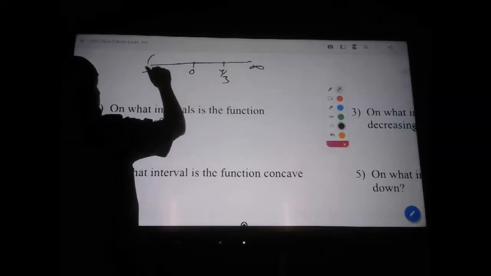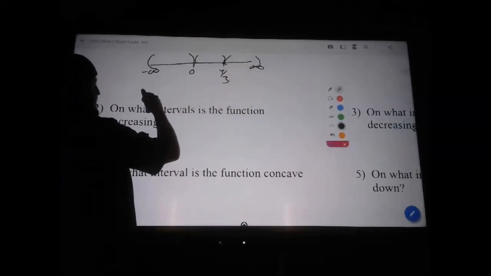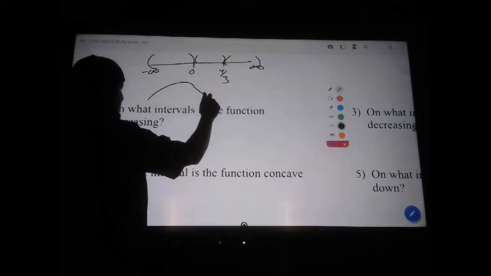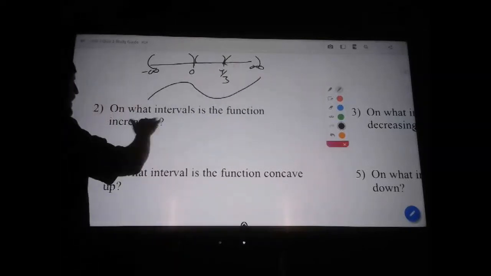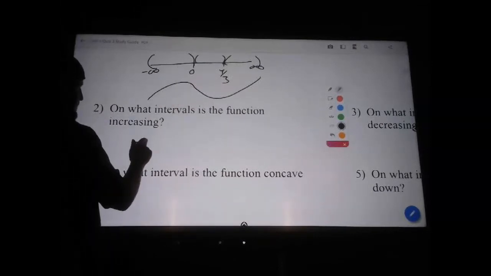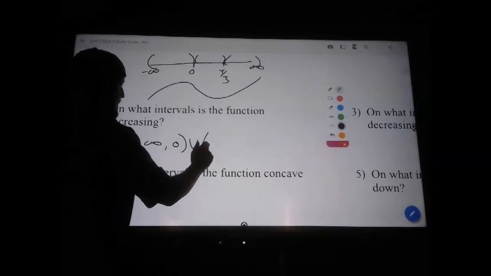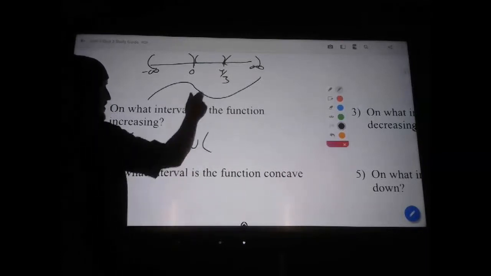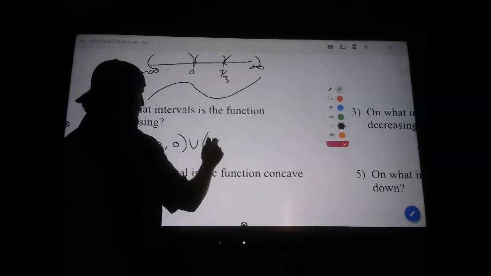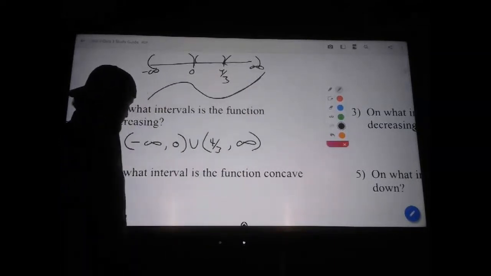And what we discovered was that on the interval from negative infinity to 0, it was increasing, then it was decreasing, then increasing. So on what interval is this function increasing? Well, anything from negative infinity to 0, and also from 4/3 on up into infinity, it's increasing.